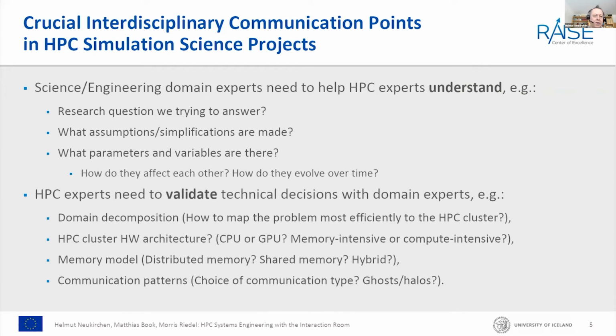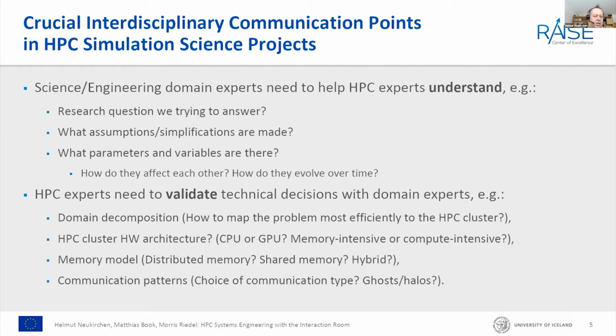On the one hand, it's the natural sciences or engineering domain expert who needs to help the HPC expert, the software engineering expert or the AI expert understand what your simulation is about, which research question we are trying to answer. I will later give you examples of how this would look given different canvases.